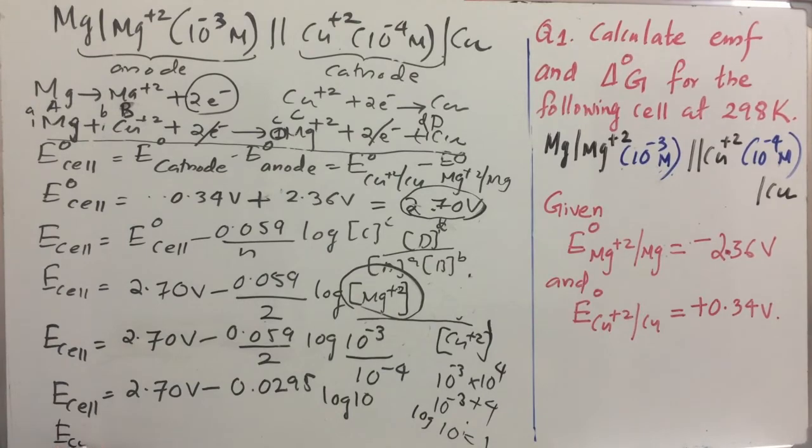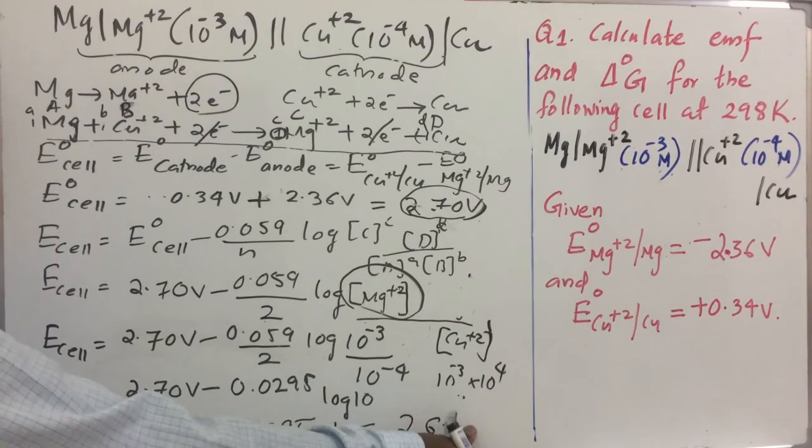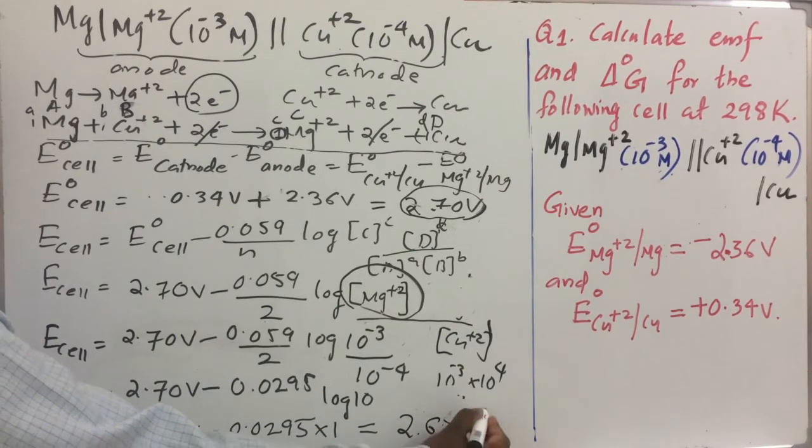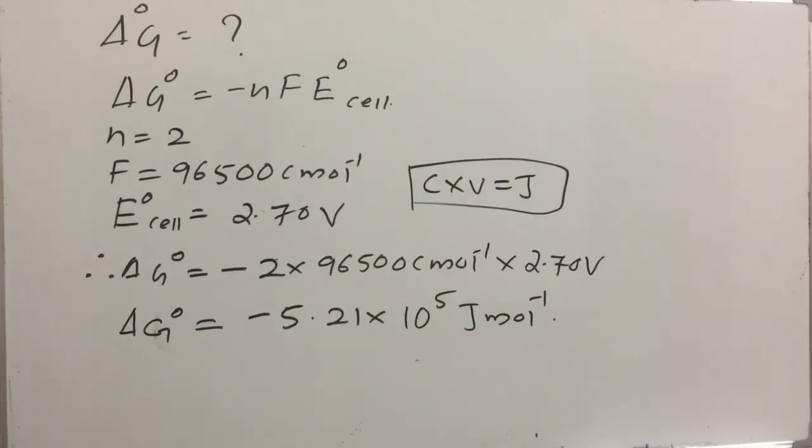So E cell equals 2.70 volt minus 0.0295 times 1. After calculating 2.70 minus 0.0295, you can calculate directly or use the logarithm table, and the value is 2.67 volt. Clear?